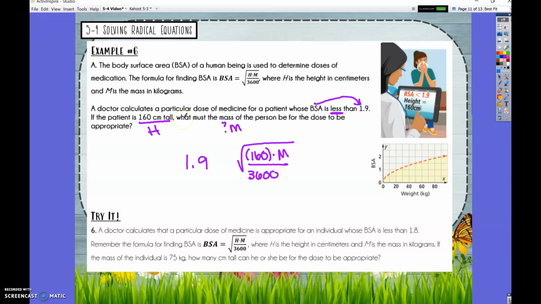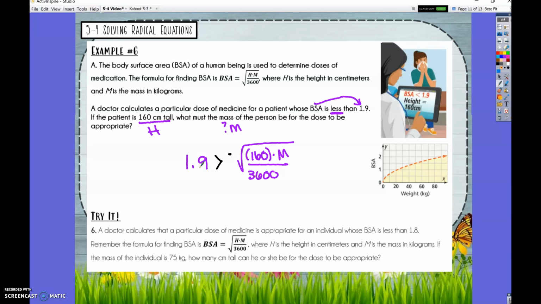Notice we want the BSA to be less than 1.9. So we're going to actually use one of our inequality signs. We want this to be less than 1.9.